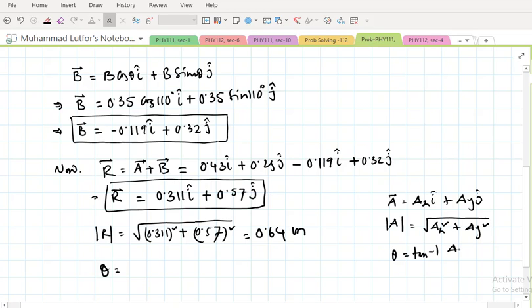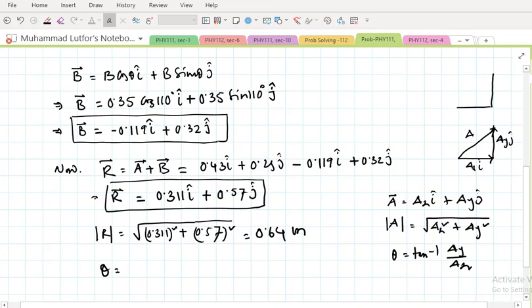Remember this is the vector. Say this is your x component, this is ax i hat, and this is ay j hat. Then this is my resultant vector A. Now we can consider this a right angle triangle.